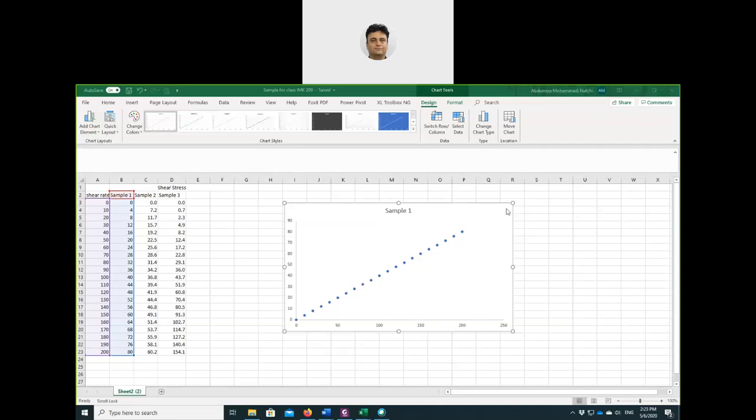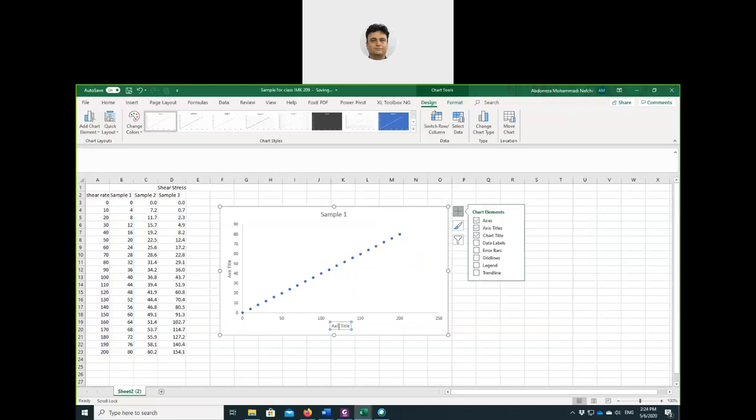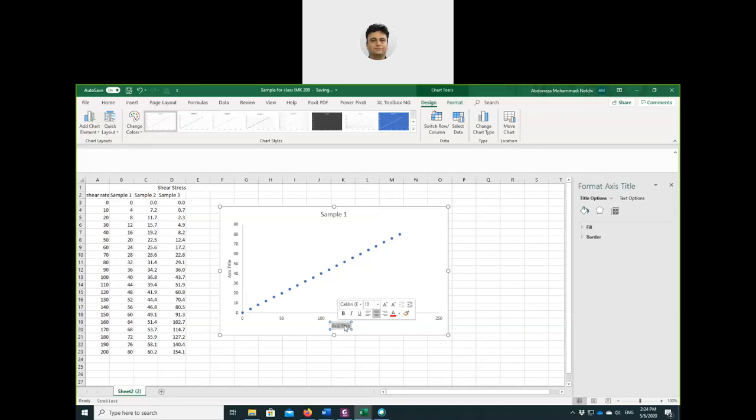I want to name the chart. Okay, axis title. This is shear rate, and this one is shear stress.